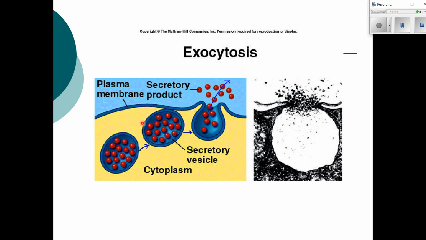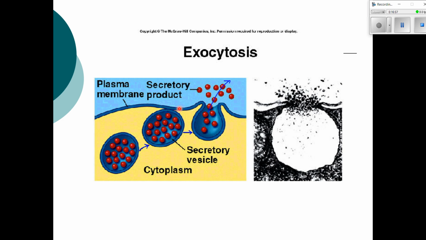And the membrane around the vesicle and the membrane around the cell is made out of the same stuff, right? It's phospholipid bilayer. So when those two touch each other and they come into physical contact, they can sort of smoosh together, they fuse together and become one.